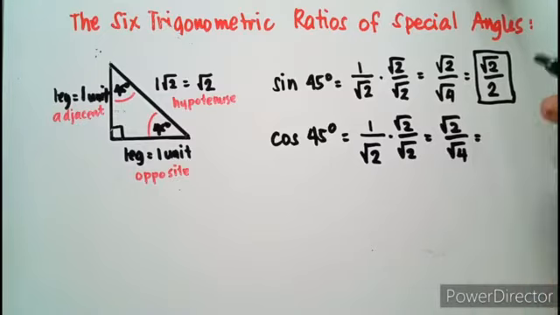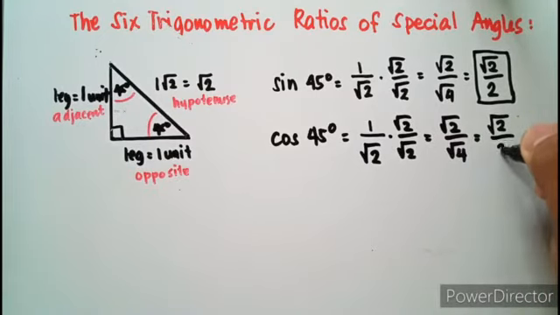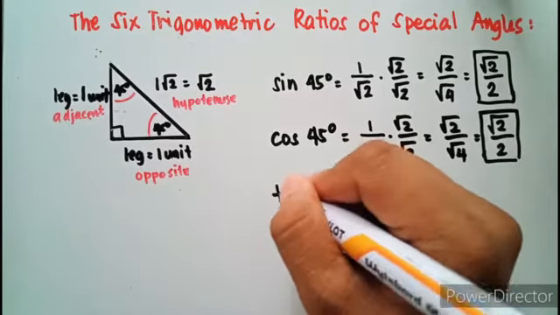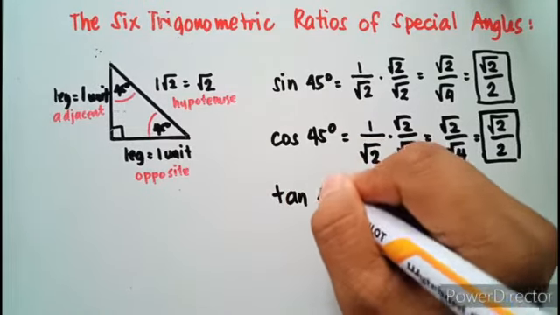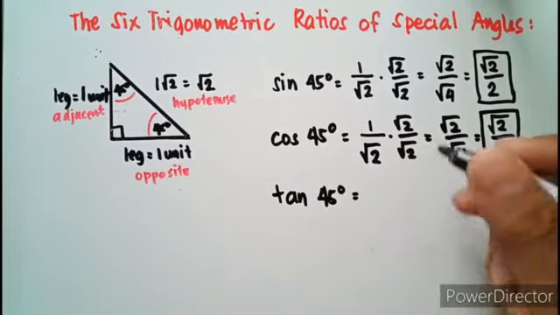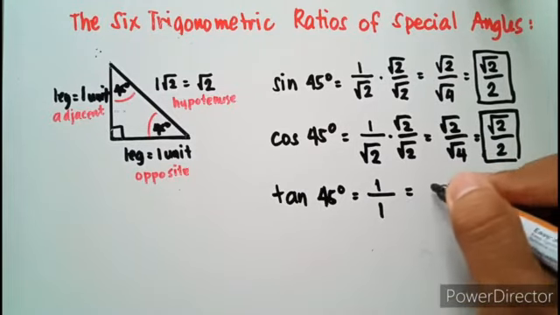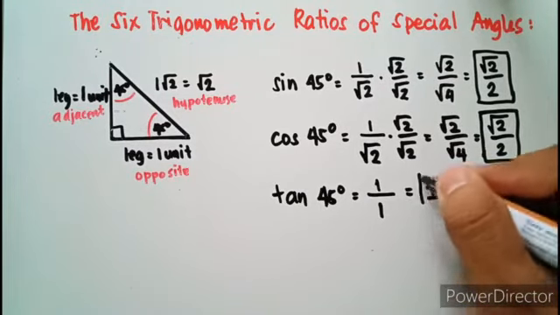So, our cosine 45 degrees is square root of 2 over 2. Then, for our tangent 45 degrees, this is equal to opposite, 1, over adjacent, 1. So, tangent is equal to 1.